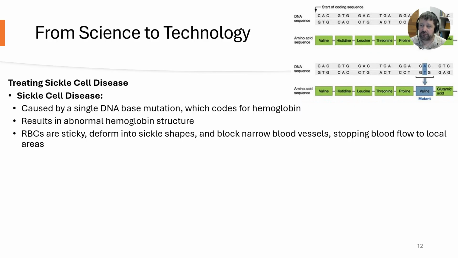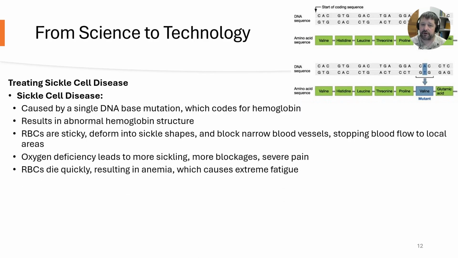Okay, a single change in a nitrogenous base that now lays down a valine, that amino acid, and you get this long chain of amino acids. But all that mutation has to do is change the shape of that protein, the beta protein, and now you have a whole different kind of structure, okay, which can have lots of problems in certain areas.